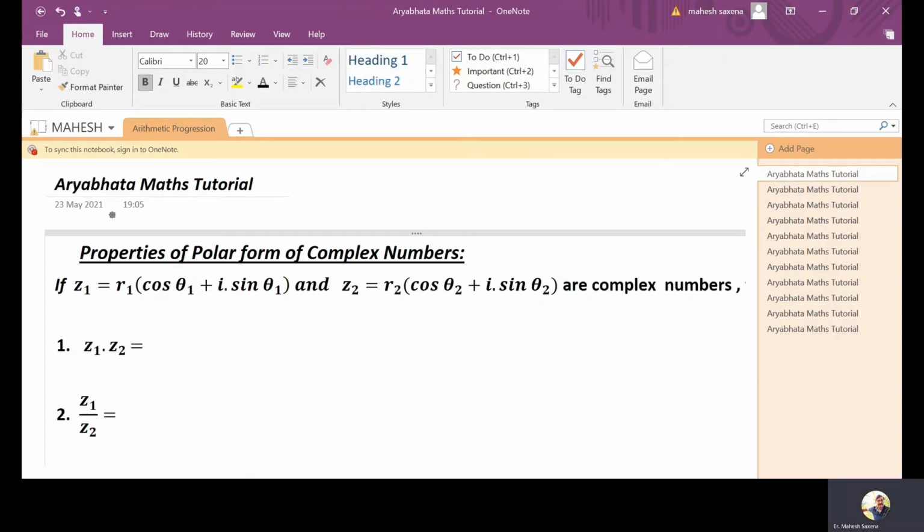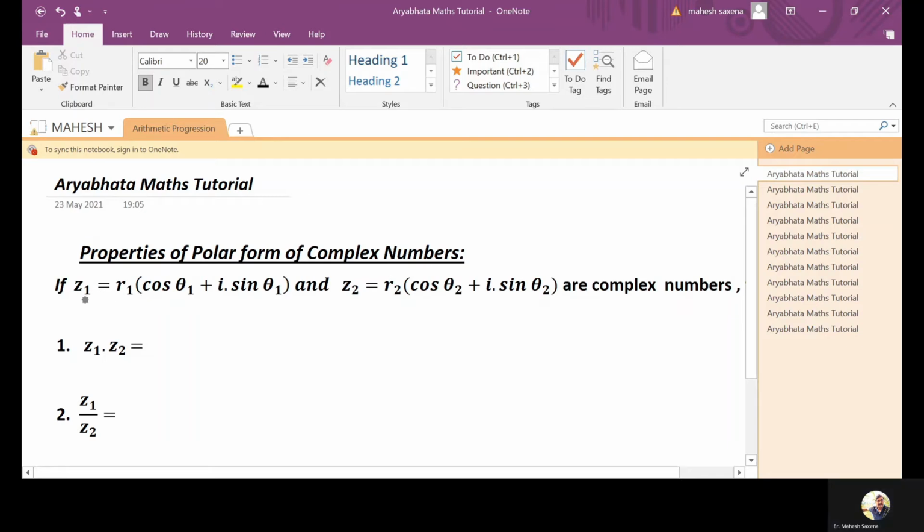Now we come to the properties of the polar form of complex numbers. Let two complex numbers be z1 equal to r1 times cos theta 1 plus i sin theta 1, and z2 equal to r2 times cos theta 2 plus i sin theta 2.